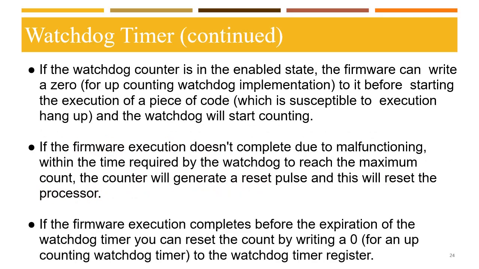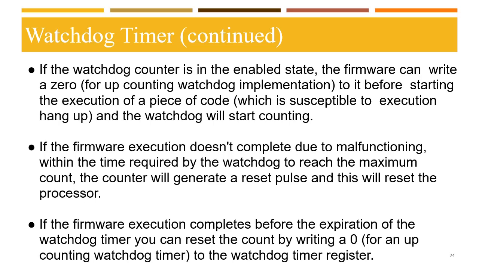If the watchdog timer is in the enable state, the firmware can write a 0 to it before starting the execution of the code, and the watchdog will start counting. So you can write 0 if it is an up counting watchdog timer, and there is a chance of a piece of code which is susceptible to execution hang up.